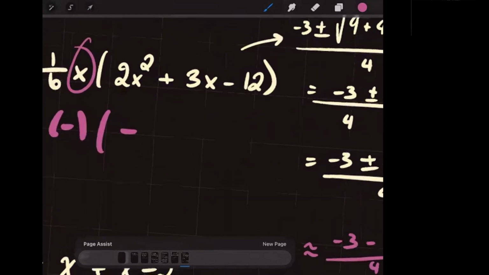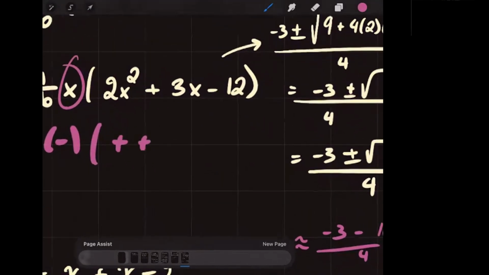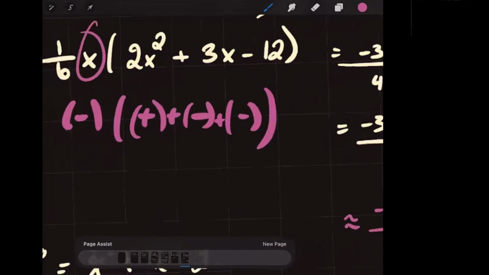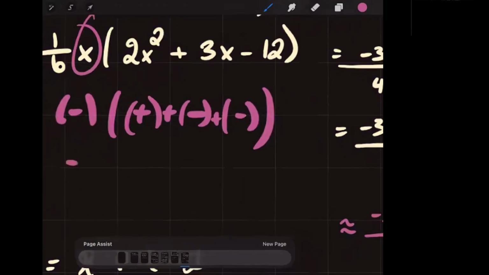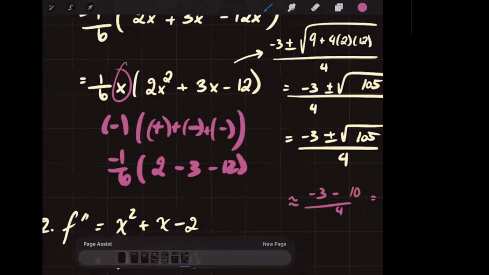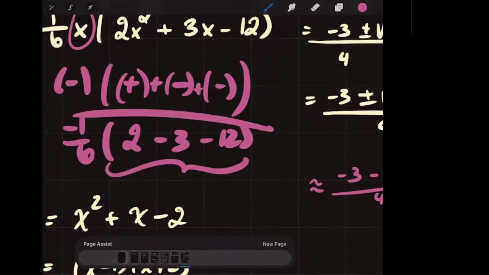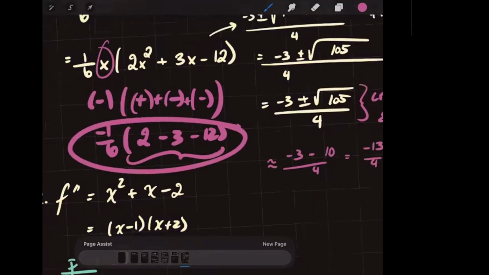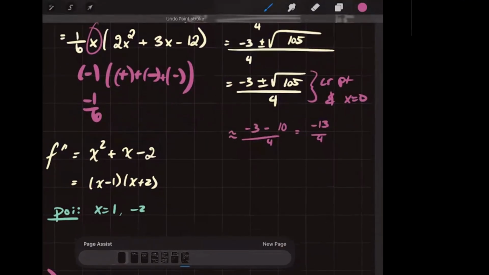So this will be positive plus a negative number plus a bigger negative number. If you want to do that, please do. This will give you -1, 6, 2 minus 3 minus 12, and that is absolutely a negative number times a negative number times a negative number, which is a positive number. Okay.